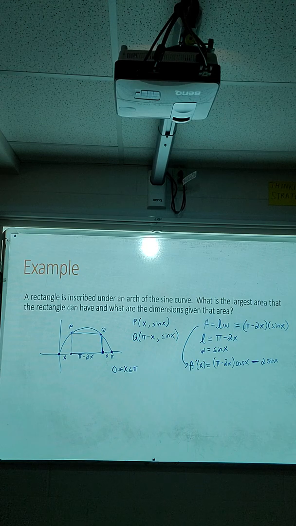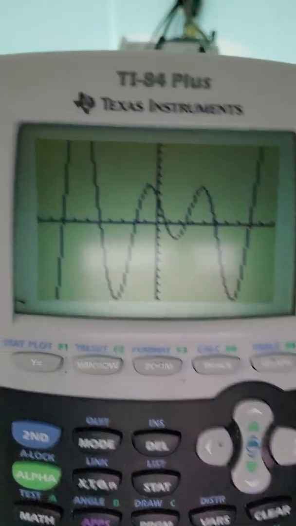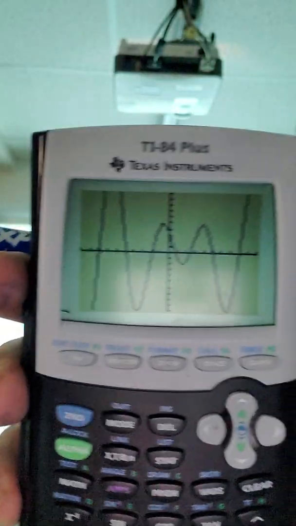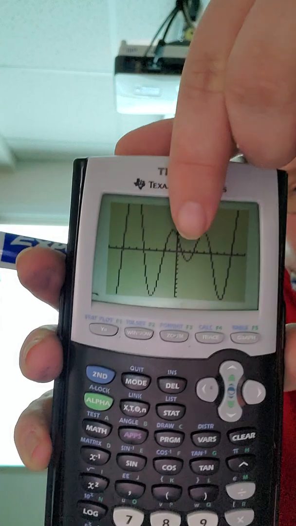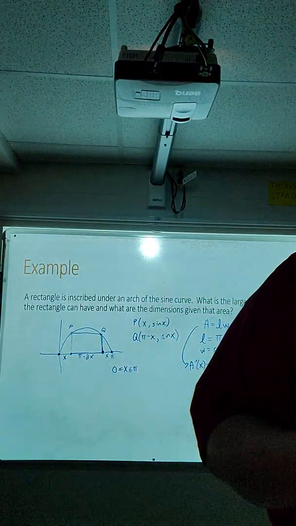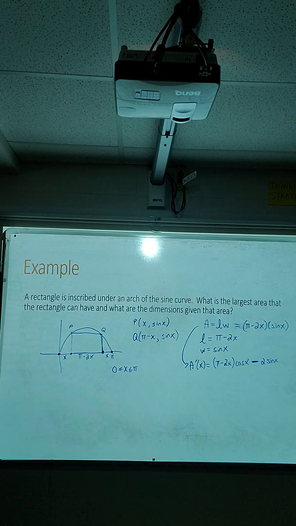Once you have the function graphed, that's what the function looks like. It's kind of crazy. But what we want to do is find zeros, and we're probably looking for these right here close to 0, just positive. So we'll go to second calc, the second trace, and go to zero.